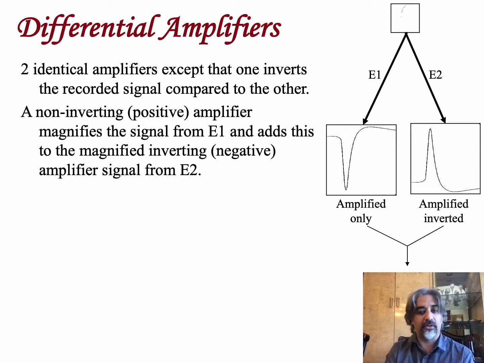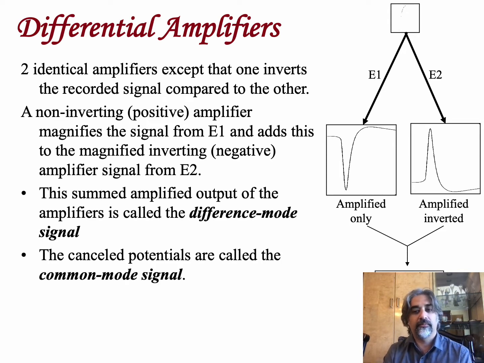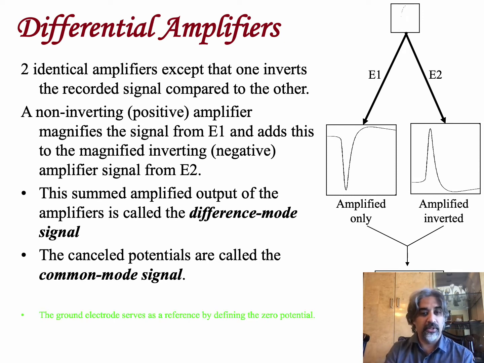And then when you add the two, you would get nothing, right? Because it cancels itself out algebraically. Everything that's different between the two electrodes is called difference mode signal, and everything that gets canceled is called common mode signal.